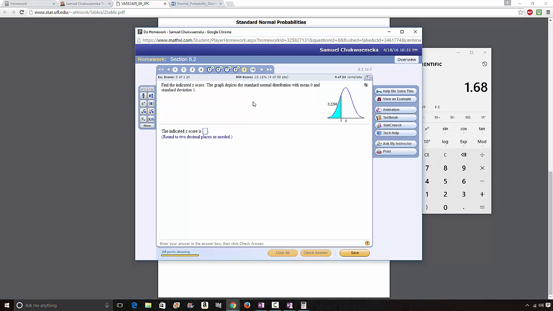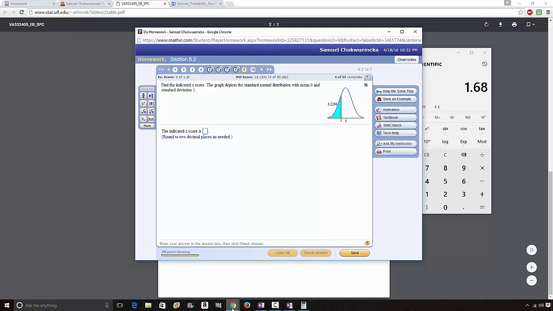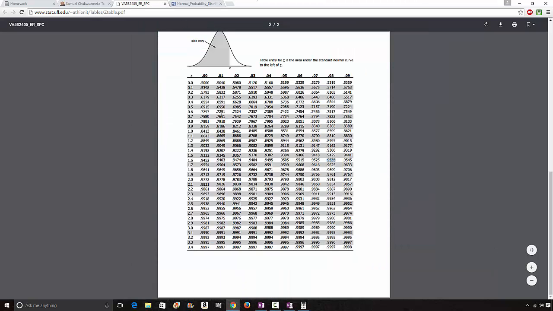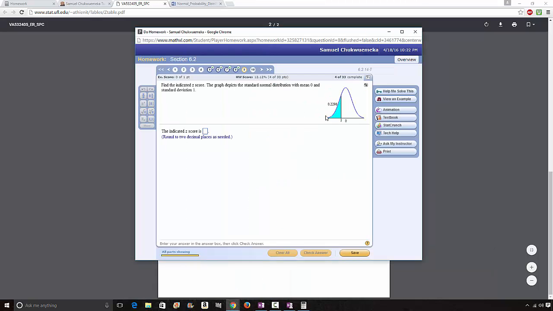Question 9. They gave you the area to the left as well, 0.2296, or you can say probability to the left. We talked about this in the first video. So what is the z-score? So we get our table, 0.2296.